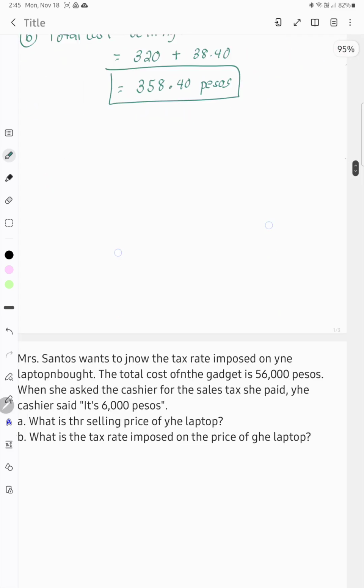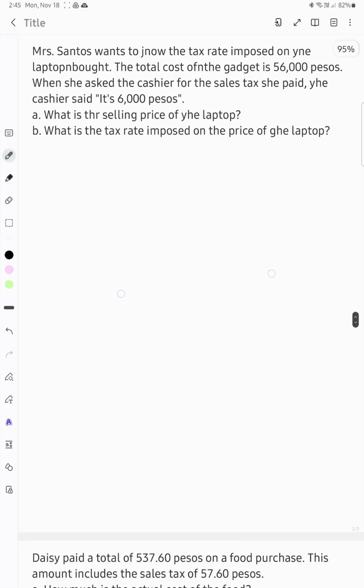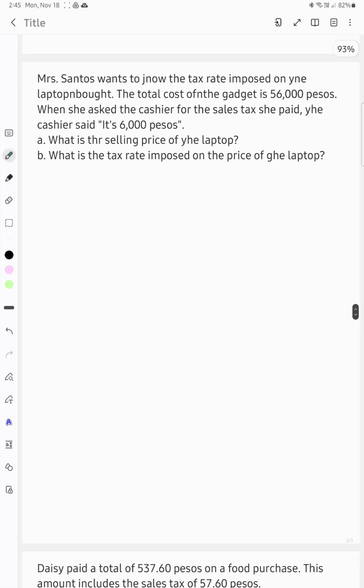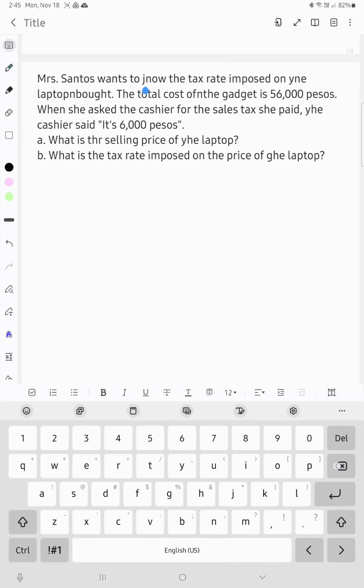Now, let's go to our second problem. Let's read this one. Mrs. Santos wants to know the tax imposed on the laptop bought. The total cost of the laptop is 56,000 pesos.